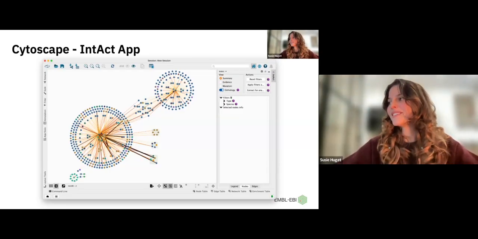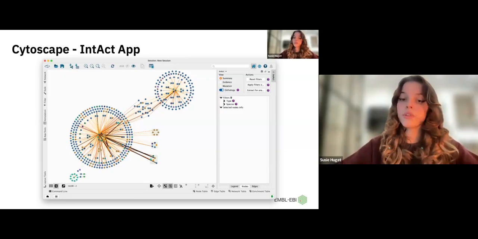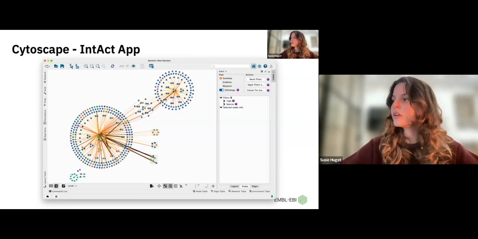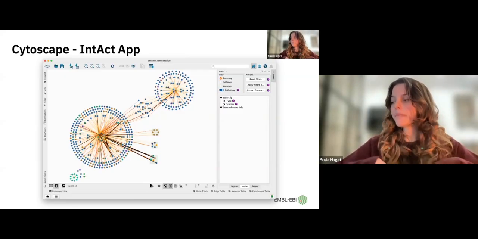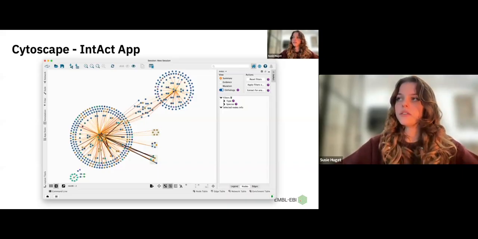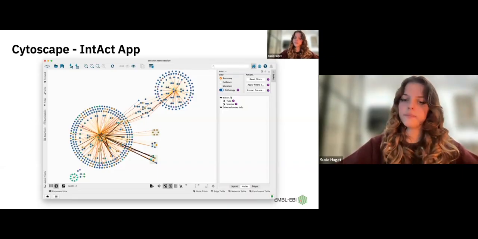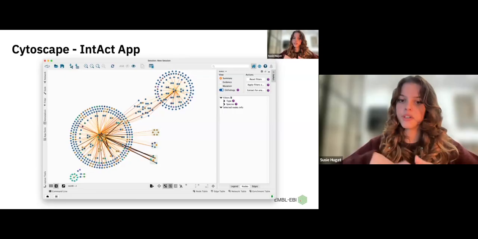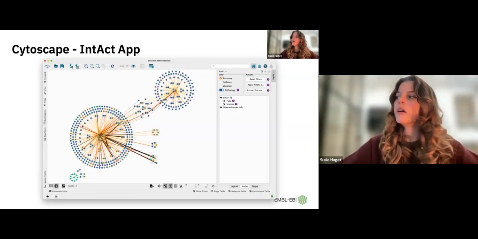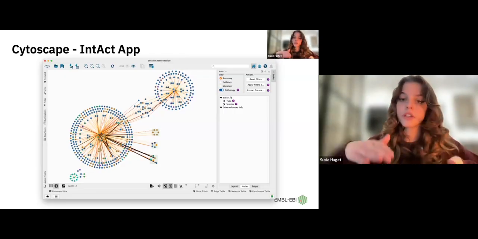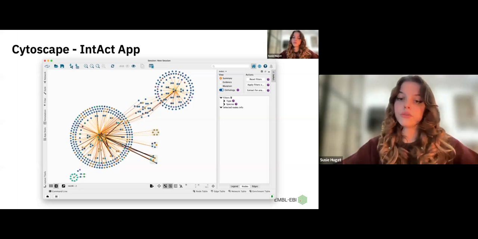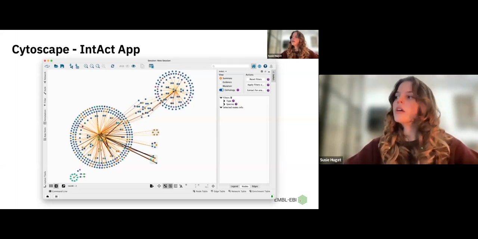And so how does it work in Cytoscape? For all the proteins we have in a network, we are using the Cytoscape built-in feature, which is the grouping, and you can group by something that is in the table. So we chose to group all the proteins by the Panther cross-reference.